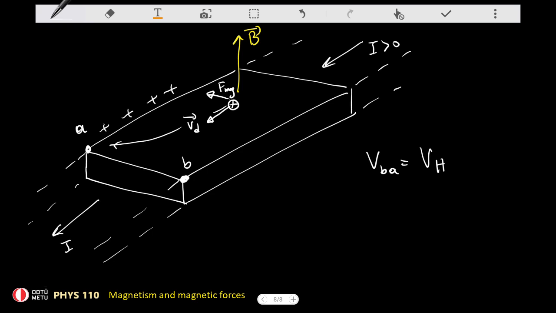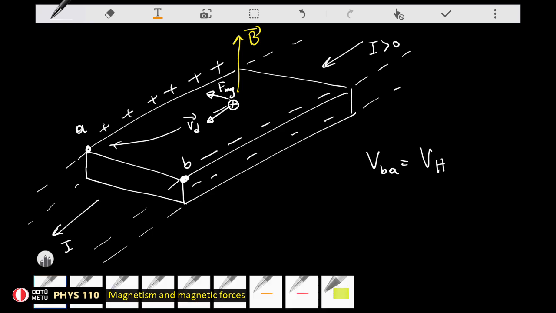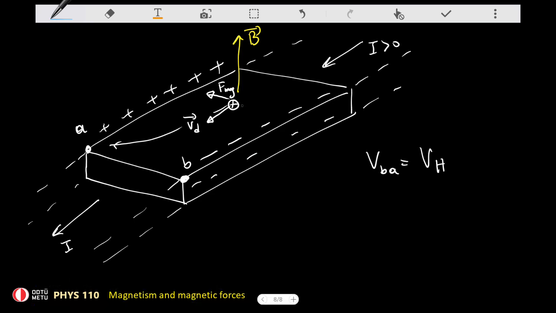So that means that side of the wire is going to be positively charged. But since the whole wire is charge neutral, they are going to leave behind negative charges. So as a result, this other side of the wire is going to be negatively charged, which means, as a result of that charge pileup, there is going to be an induced electric field along that direction, right?